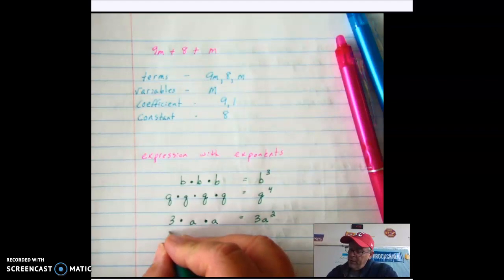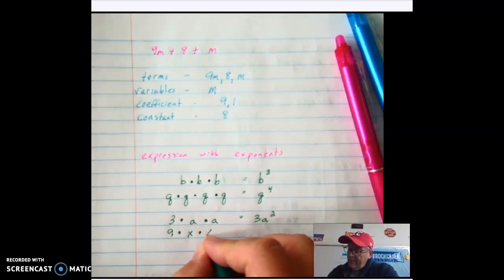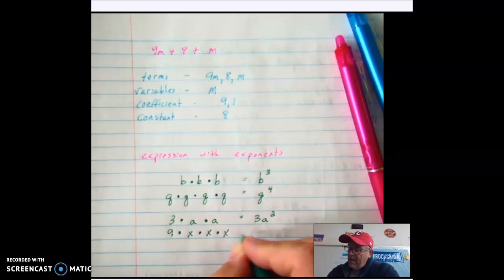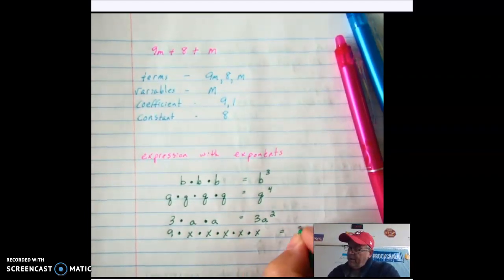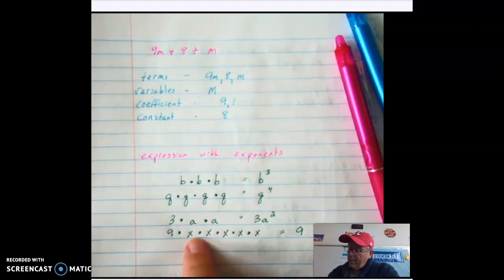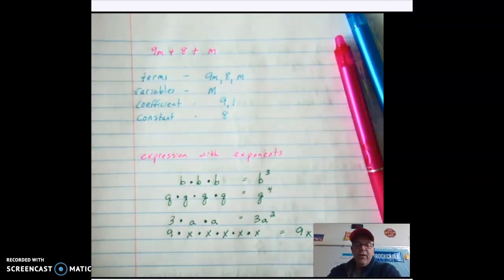Let's do one more. Let's do 9 times x times x times x times x times x, just because it's fun to make a lot of x's. That's going to be 9 multiplied by 1, 2, 3, 4, 5. So our base is x, and exponent is 5. 9 x to the 5th power. All right, good job. We're ready to start algebraic expressions.